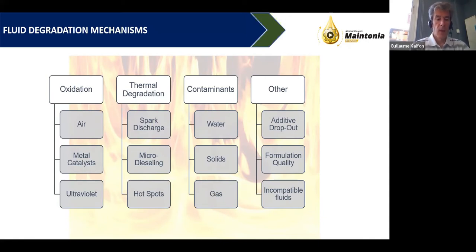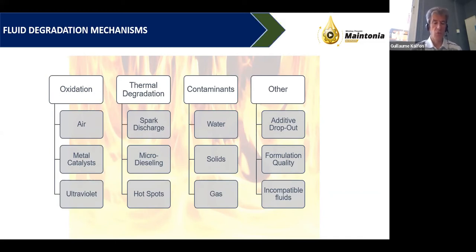Then the second category, we have heat. So heat can come from some particular events that happen at various locations in the machine and its lubrication circulation system. One of them is a spark discharge. So it's electrostatic charge, which will discharge at some point.